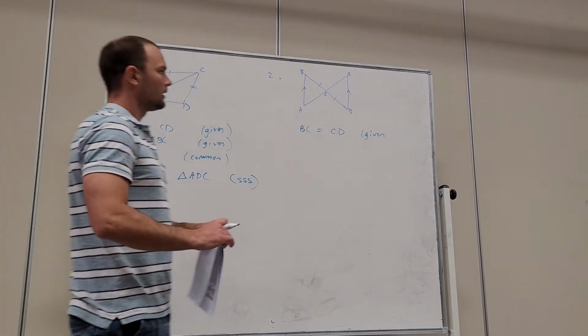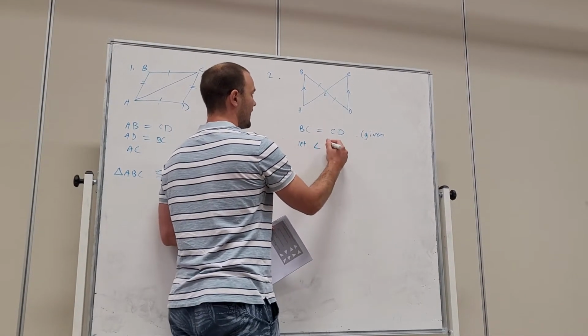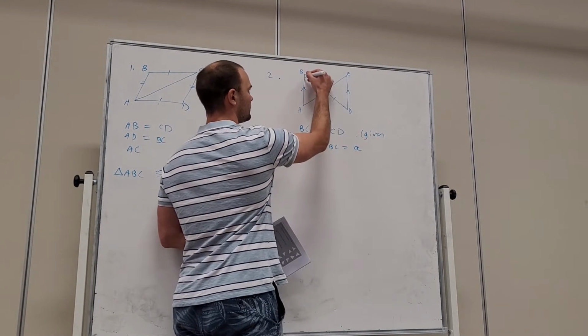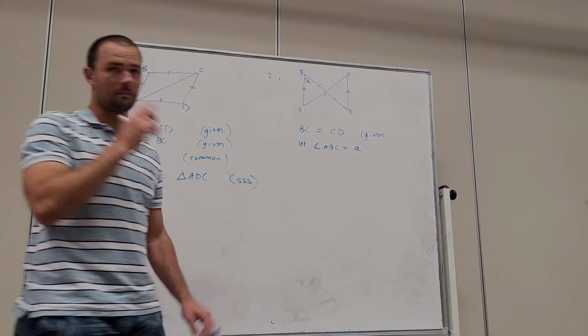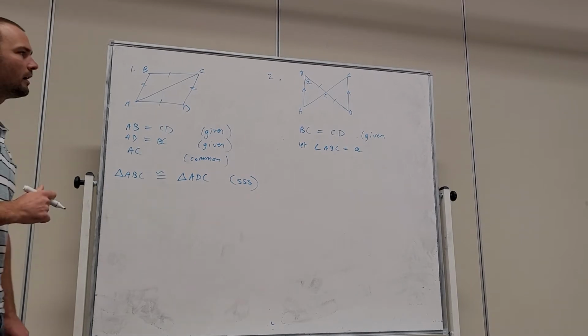Next, let's do something like this. Let's let angle ABC equal alpha. Remember, I've said we can just make up some shorthand notation so that we can label that on our diagram.